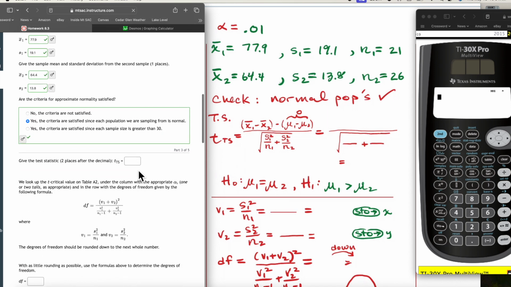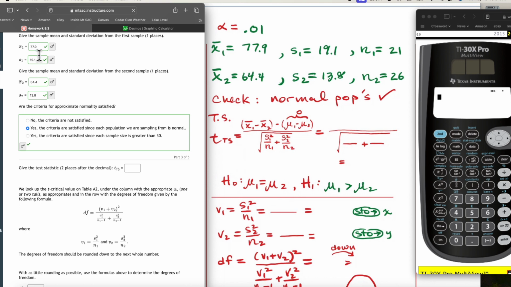Okay, now our test statistic. So we'll be referring to the means and standard deviations from each sample plus the sample sizes, which I've got over here. Okay, so let's go ahead and I've got the formula down here for the test statistic.